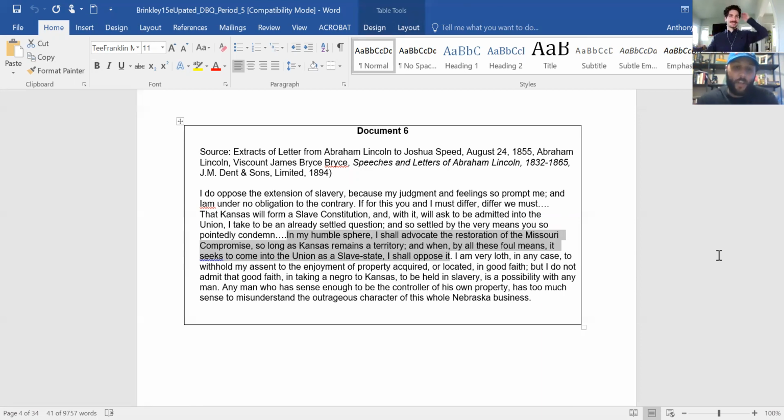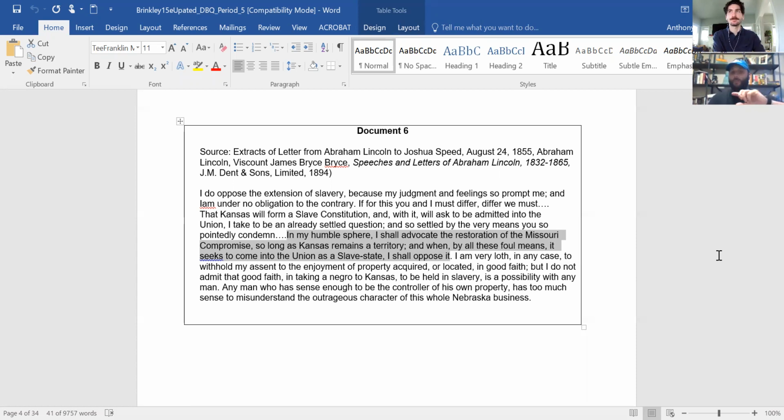Yeah, and it's an interesting dynamic here if you really think about the sentiment of it. He's saying basically that as long as it remains a territory, then it can have slavery. But if it's a state, no. And so that's where you're like, well, what do you mean here? Why are you picking that distinction? This is the real minutia of the argument, right? Why would you care that once it becomes a state, it's a slave state, but if it's a territory, it doesn't?